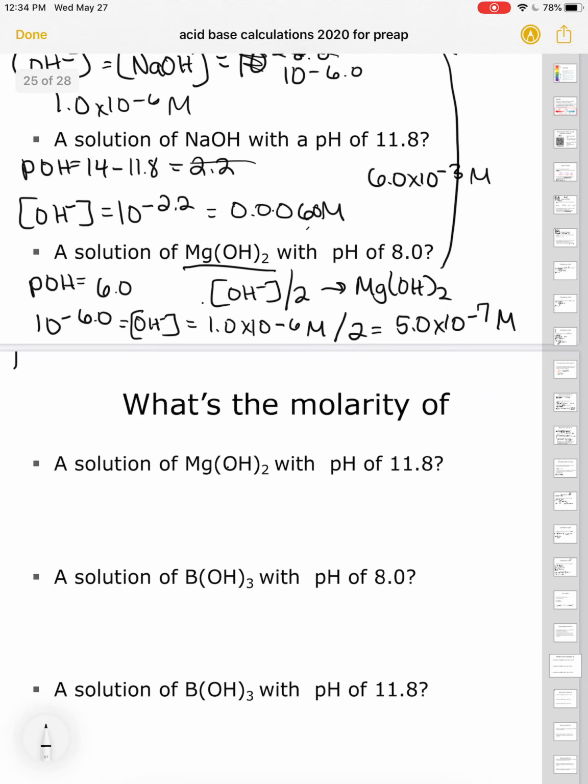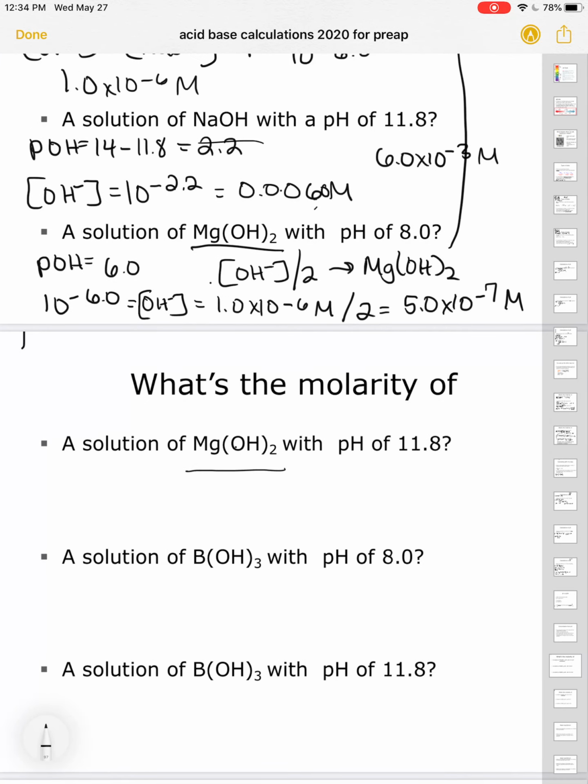Okay, so let's take another look. Here we've got magnesium hydroxide with a pH of 11.8, and you can see from up here on this slide that we already know the pOH is 2.2. And when we get our OH minus concentration, it solves out to be 0.0060 molar.